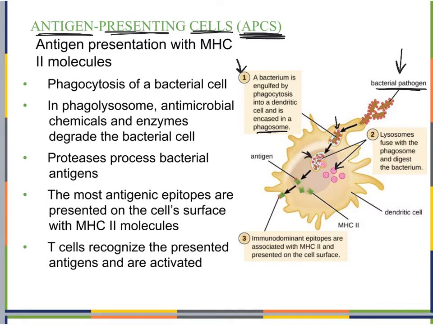Now the bacteria is no longer this rod-shaped bacterium. Now it's got all of these little pieces, including the epitopes all over inside this phagolysosome. Then what happens is that the cell is going to take the most antigenic epitopes, so those that are going to produce the largest response, or basically are the things that are least like ourself.